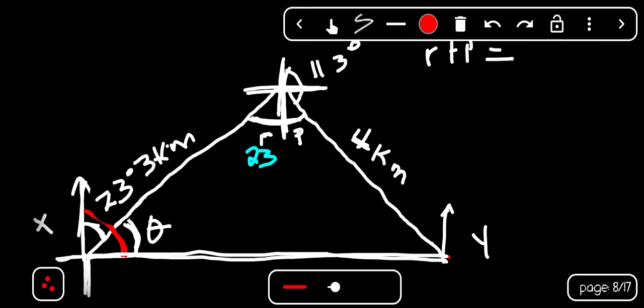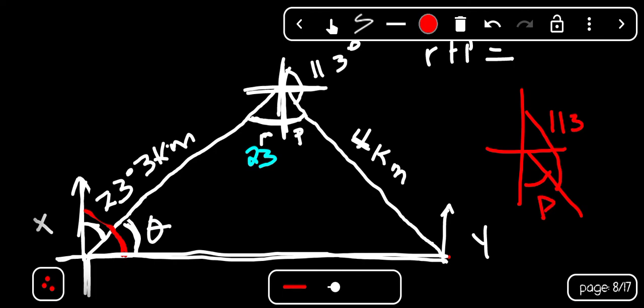Angle on a straight line is equal to 180 degrees, and P and 113 are on a straight line. P is actually here, 113 is actually here. Since they are angles on a straight line, P plus 113 equals 180. So when we bring 113 to the other side, we get the value for P.